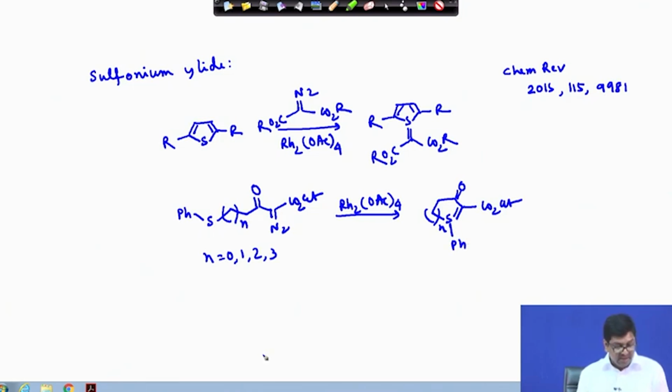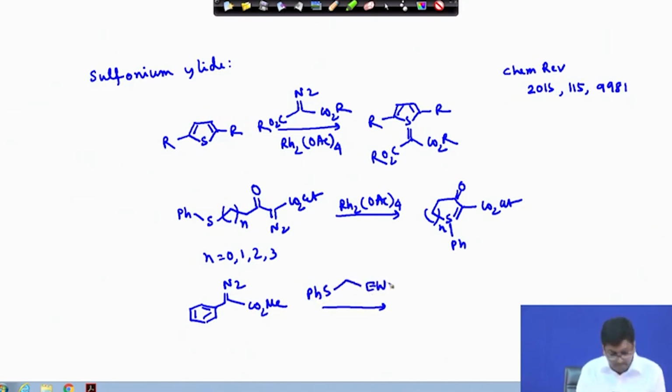Next, in another example, recently Wang and co-workers reported this work. They have taken this diazo compound, which is flanked with the aryl ring and the ester group, using this thioether under rhodium 2 species.